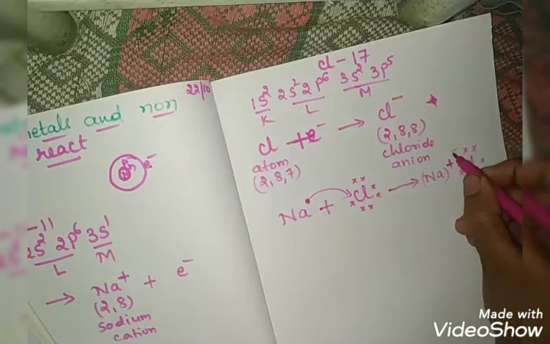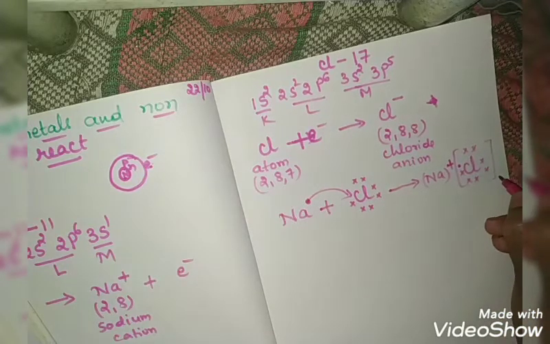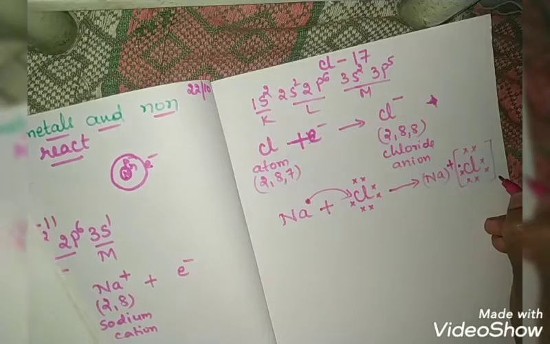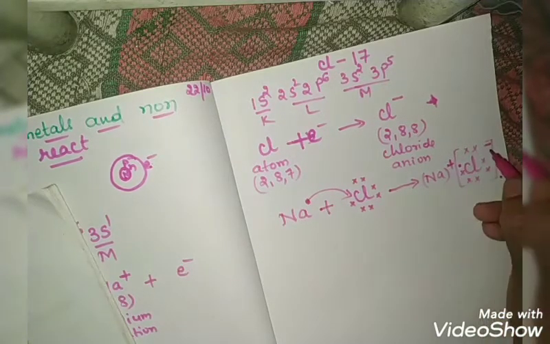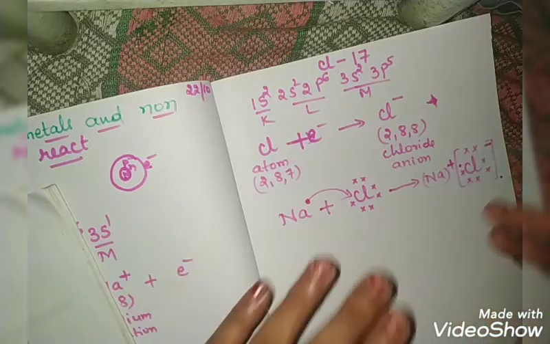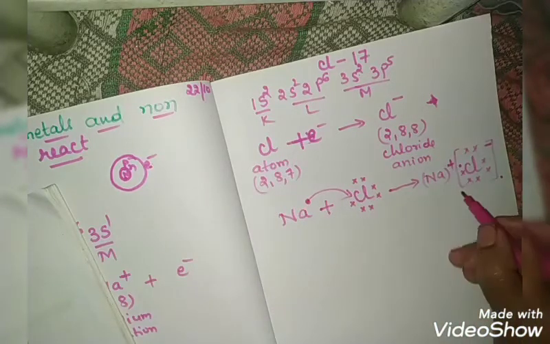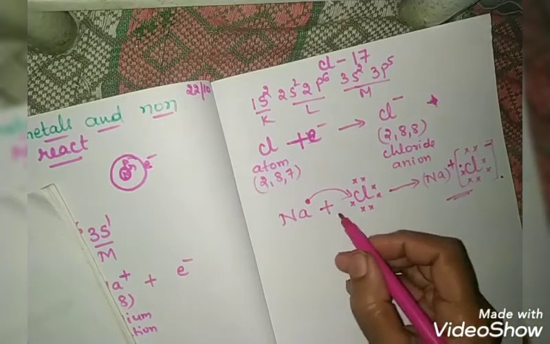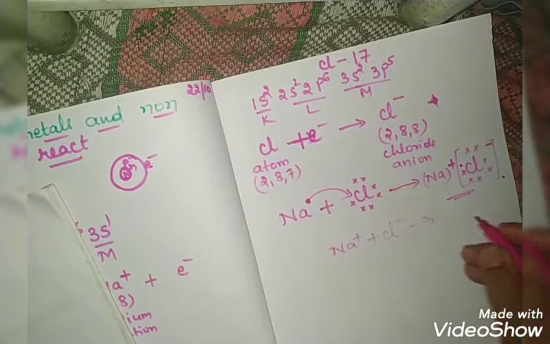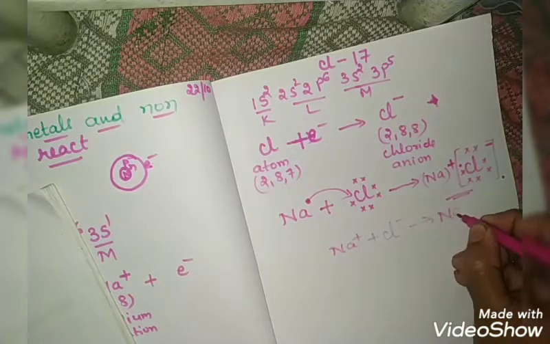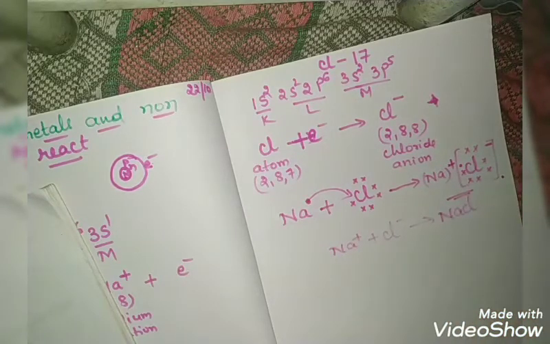Whenever it receives 1 electron, it is negatively charged. So remember this. Positive and negative, there will be electrostatic force of attraction between these two, and this gives rise to Na plus Cl minus gives NaCl.